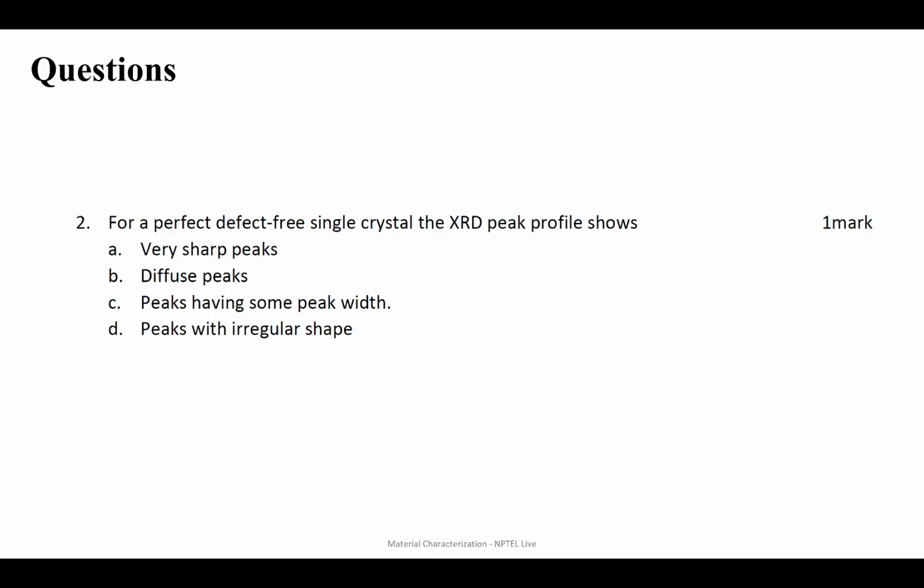For a perfect defect-free single crystal, the XRD profile shows very sharp peaks, diffuse peaks, peaks having some peak width, or peaks with irregular shape?